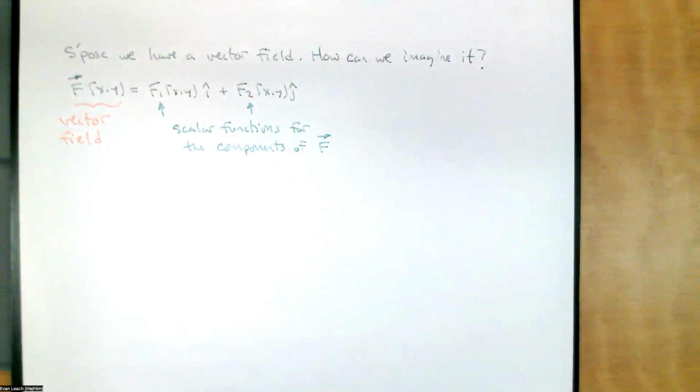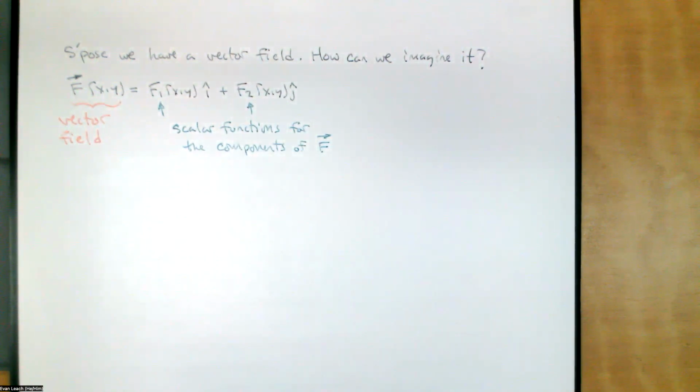So those two are scalar functions. We plug in x and y to f1 of x, y, and we get a scalar. And that tells us what the x or the i component is. F2 is a scalar function. We plug in a point x, y, we get a scalar. That's the j component of vector field F.